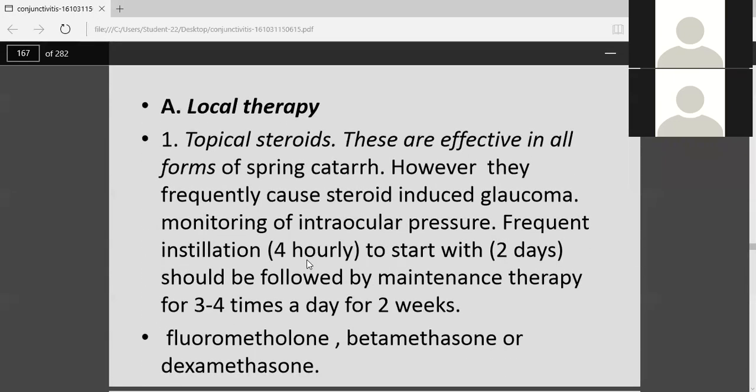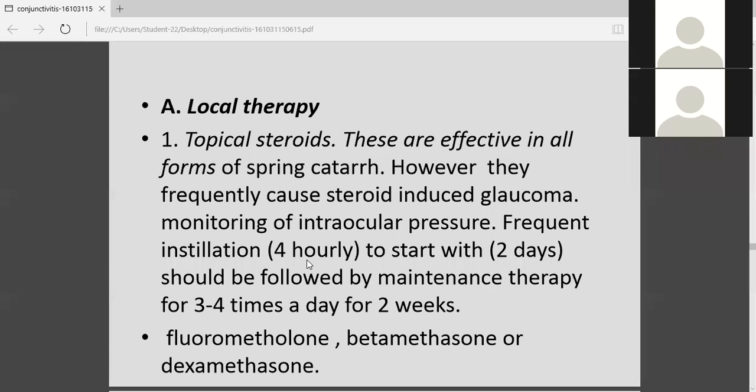How do you treat vernal keratoconjunctivitis? Basically, because this is a severe type of allergic conjunctivitis, you have to use steroids. In simple allergic conjunctivitis, you avoid steroids, but over here, you have to use them.